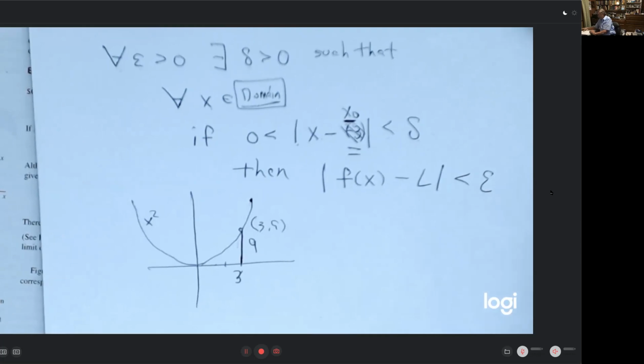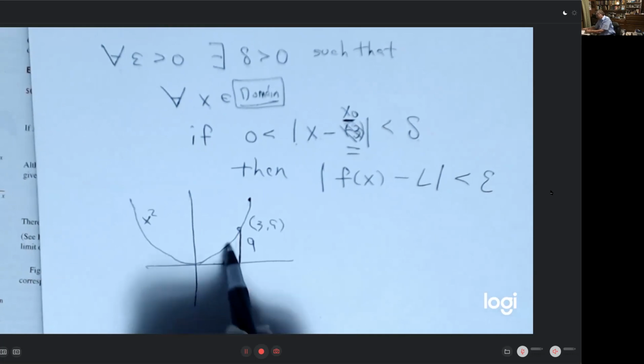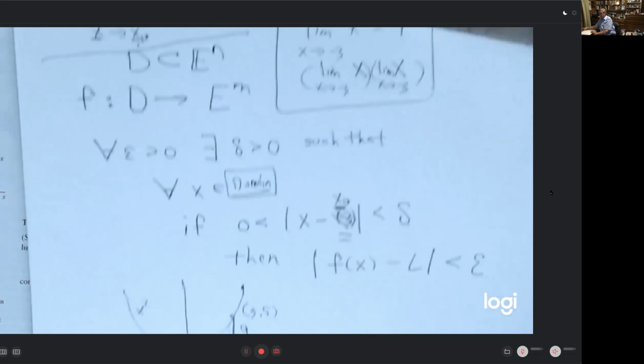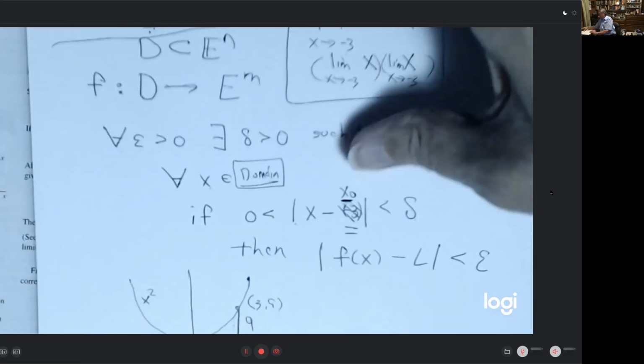What this statement is trying to say is when I get x close enough to 3, f of x is close to height 9. That would be what I was doing with this function up here, and this thing in the middle is explaining that.